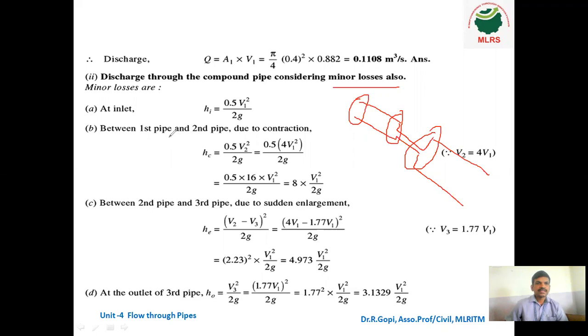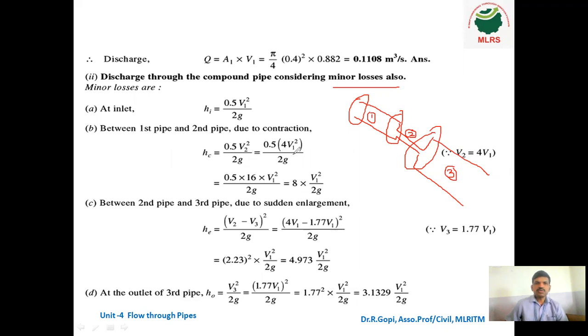Next, between the first pipe and the second pipe, this is pipe number 1, this is pipe number 2 and this is pipe number 3, hc is equal to 0.5 V2 square divided by 2g. Substitute the values.